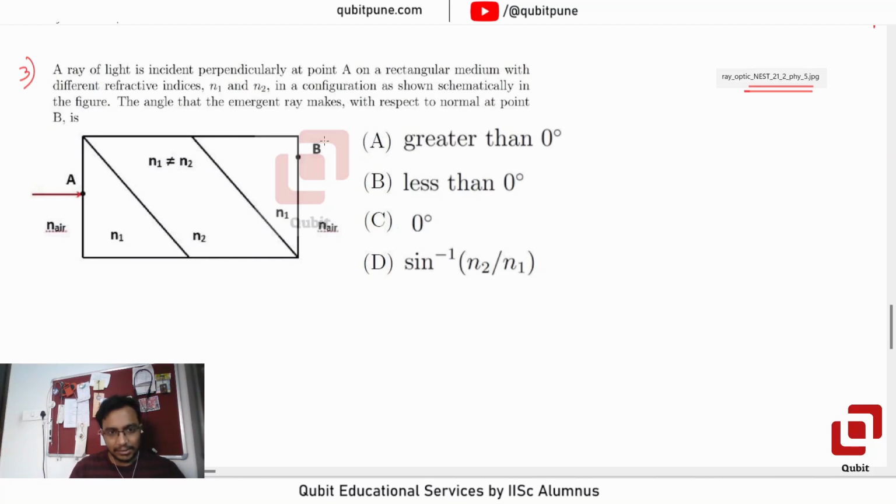Now, by observation also you can say that it will be 0 degrees, but let us verify it geometrically.